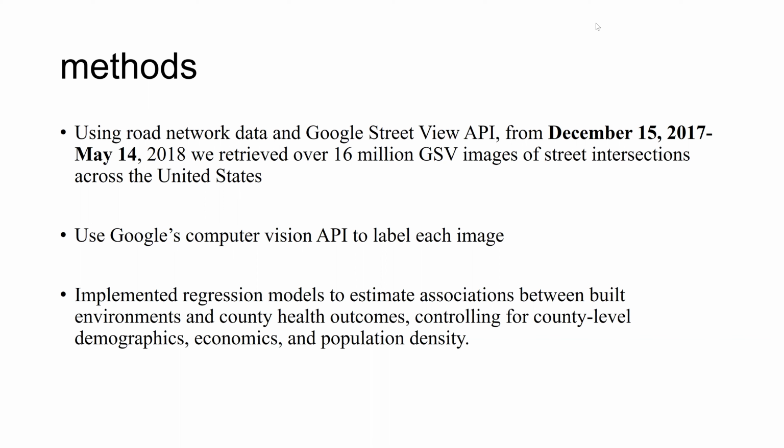And this API is very general because you don't really have to fine tune it or anything. It just tries to detect objects in the image. For each image, we were given 10 labels, and we use some of those labels to try to understand the associations between those characteristics and county health outcomes.